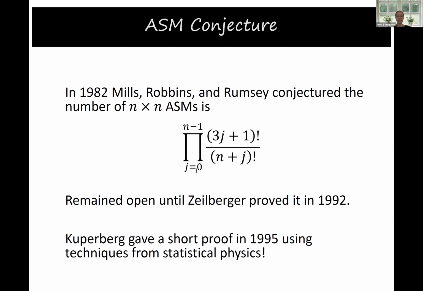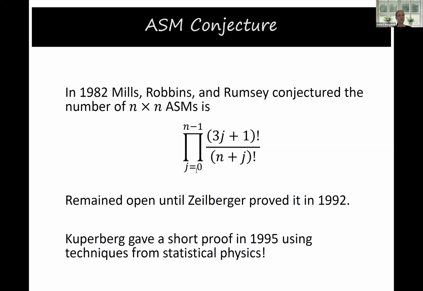This simple looking formula generated a lot of interest in the combinatorial community. And people spent about a decade trying to prove this in earnest, discovering more things about alternating sign matrices along the way, but not quite getting the enumerative proof.